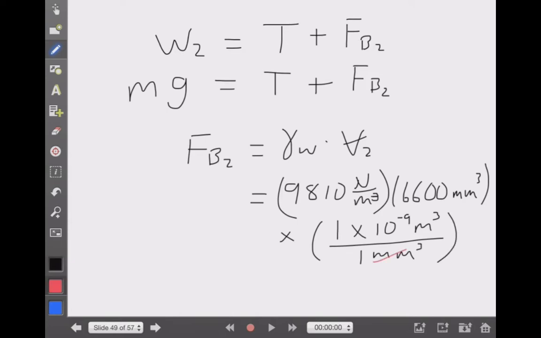Units cancel in the same way, and we're left with newtons. So the buoyant force on the metal object is just equal to 0.065 newtons.